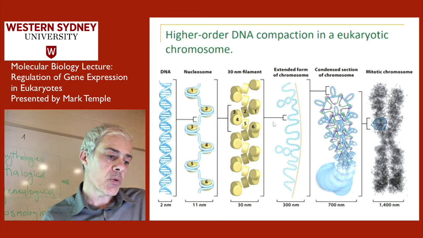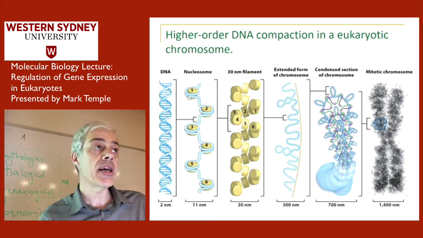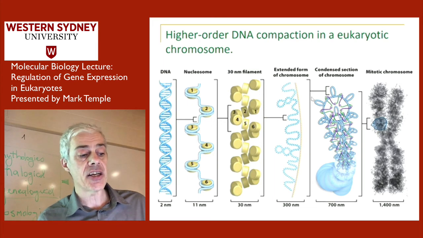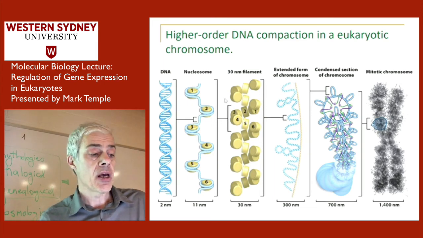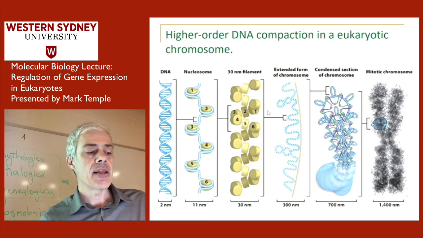But working backwards, the gene expression we'll be looking at occurs predominantly at the level of the nucleosome. Even though high level packaging has an effect on expression, the more you move from naked DNA through the higher order packaging, the less is known.